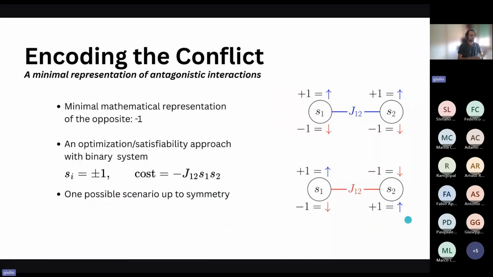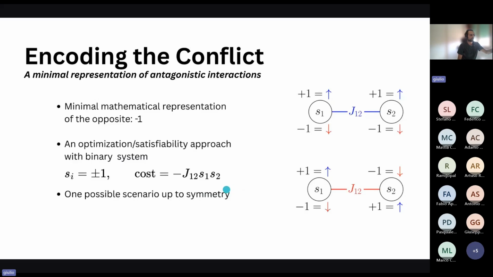The minimal unit to encode conflict is the negative sign, -1. Imagine representing conflict in the most minimal way as a two-node system with a link between them. You have a binary system, each node can be in a ±1 state, and you associate a cost function to your system.